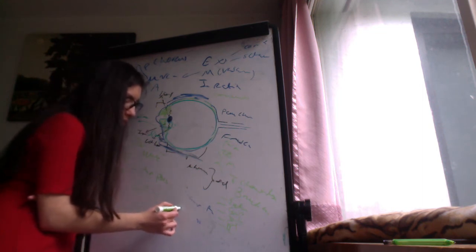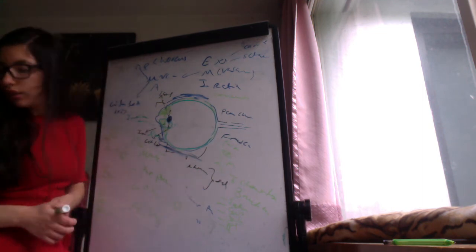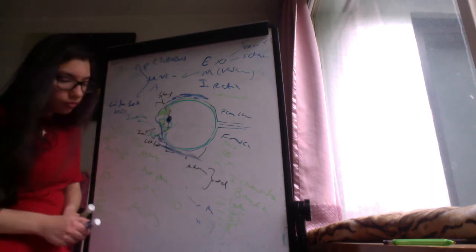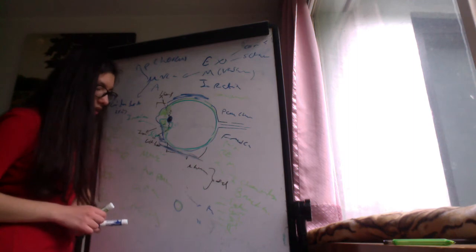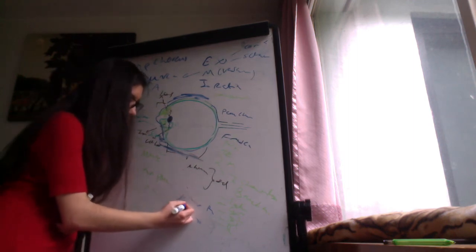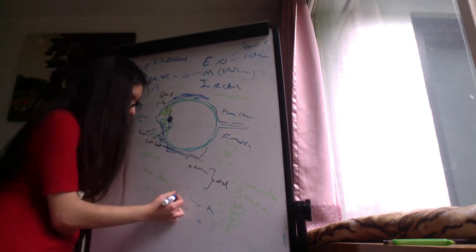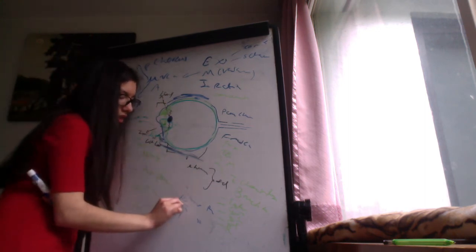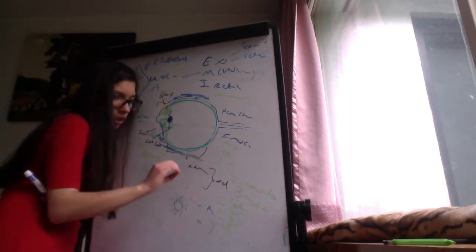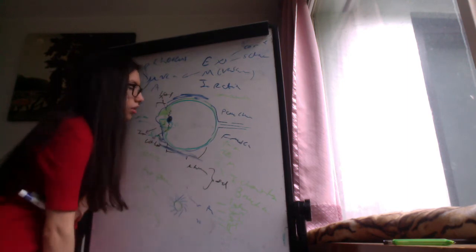So here we have the pupil, around we have the constriction of the pupil, and radially we have this dilator muscle. So when there's contraction of the dilator muscle, there would be mydriasis. The constriction of the sphincter muscle, there would be miosis.